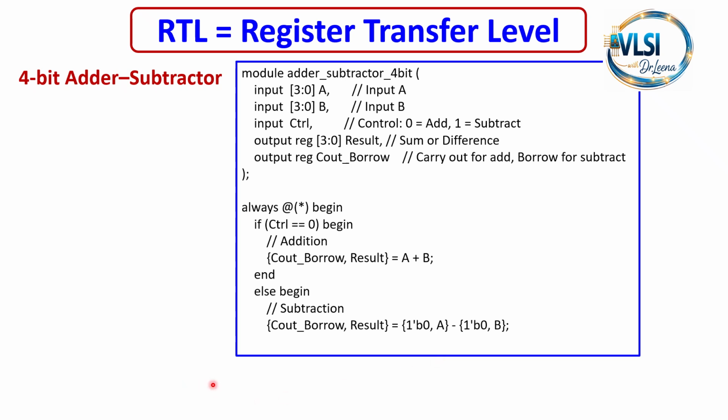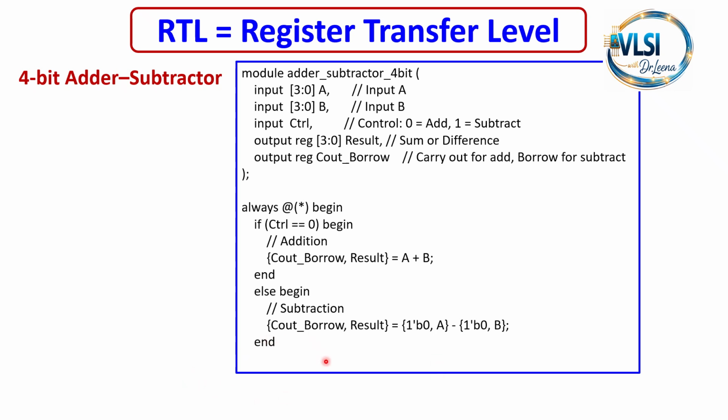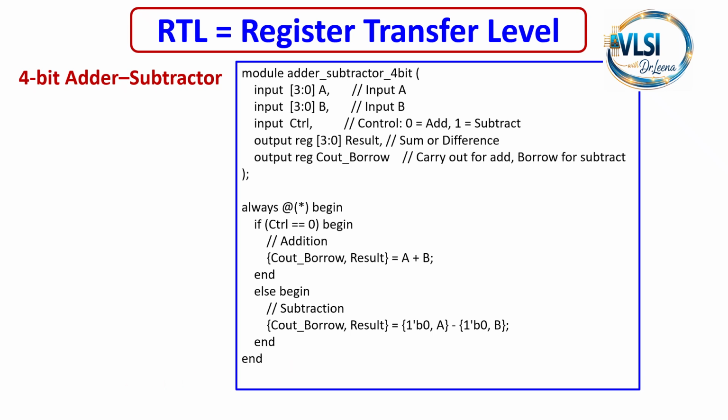Then after performing the subtraction operation, it ends the operation. Then it ends the always block, and then it finally ends the module. So this is the RTL code for the adder subtractor.